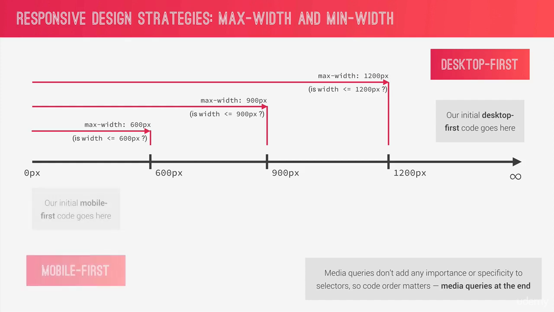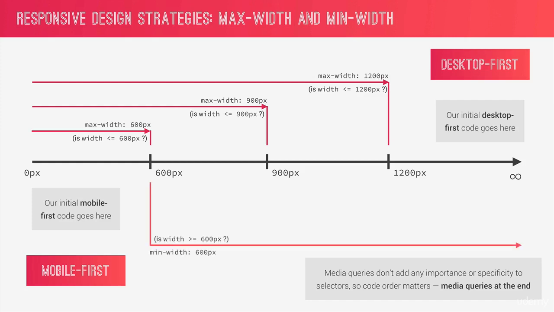So let's now look at the mobile-first approach, where our initial CSS code is obviously on the left side of the pixel spectrum, where the mobile phone screens are. So where before we had max-width media queries, we now have min-width queries, like this min-width 600 pixels, which basically asks the question, is the current viewport width larger or equal to 600 pixels? If so, then the code applies.